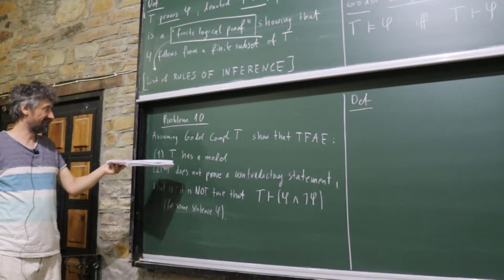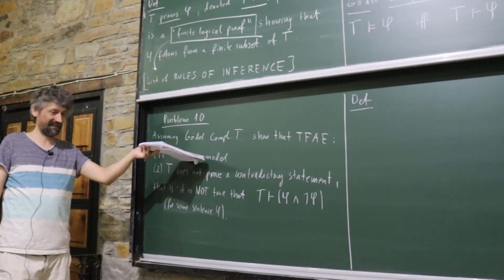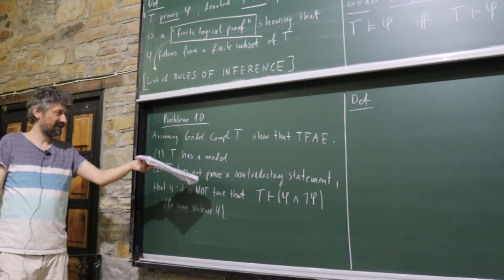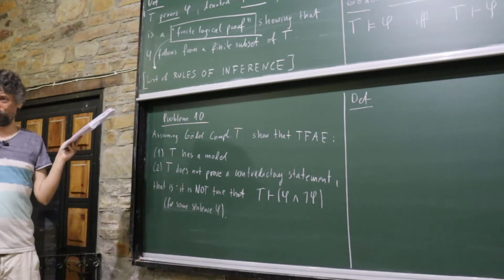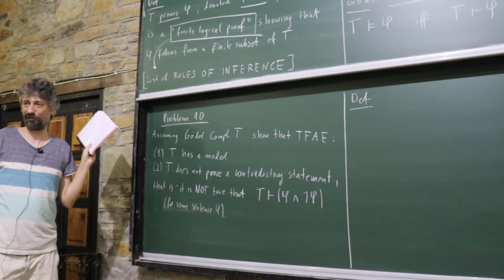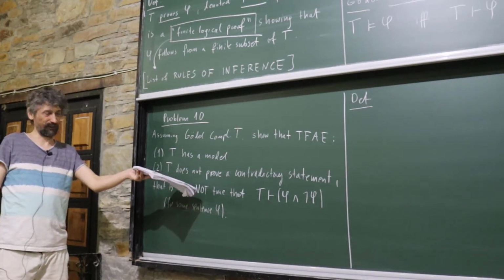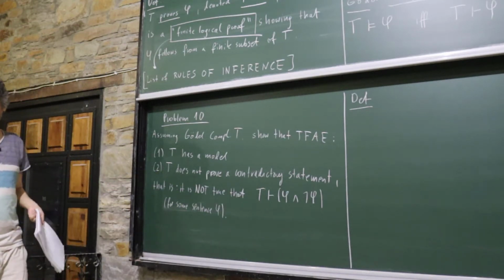And this is something else: an equivalence of a semantic statement, that there is some model, and this, that there is no finite proof showing something contradictory. So this is purely formal. No models are involved.